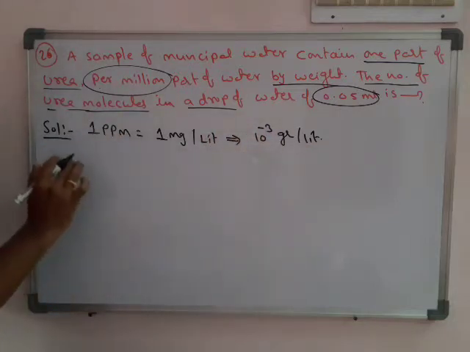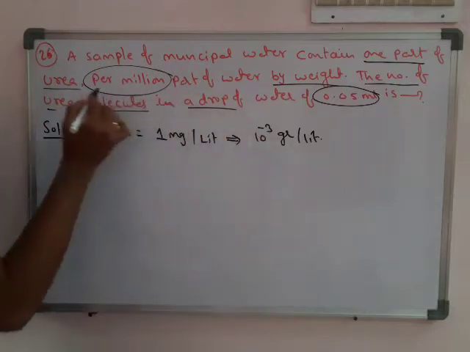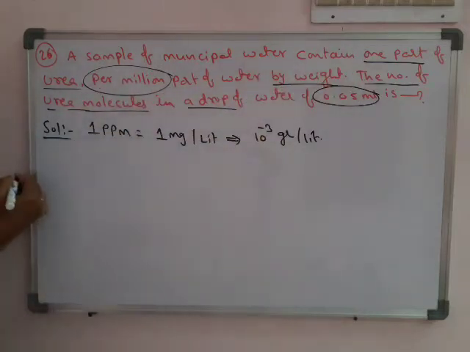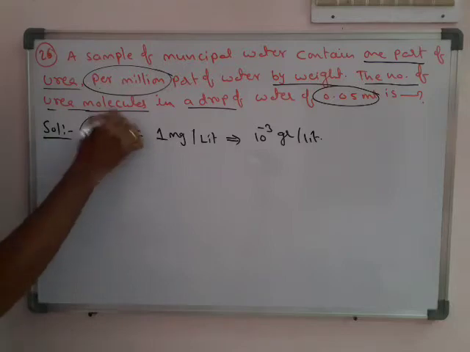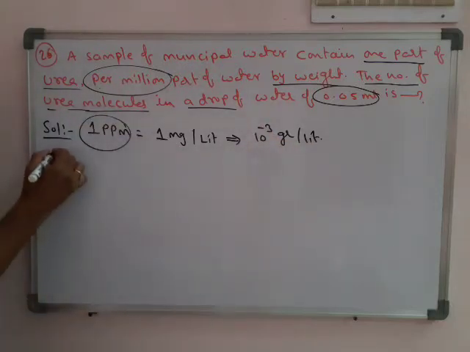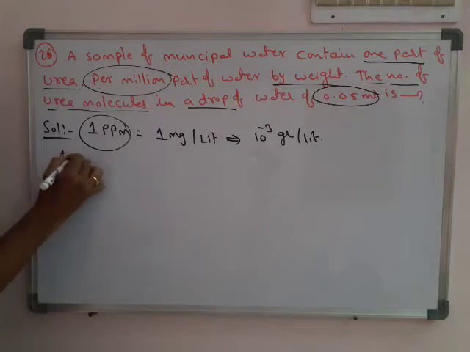Here, it is present in parts per million, 1 part of urea is present. So 1 ppm is nothing but 10⁻³ grams per liter. In the question it is given that 1 ppm urea is present.